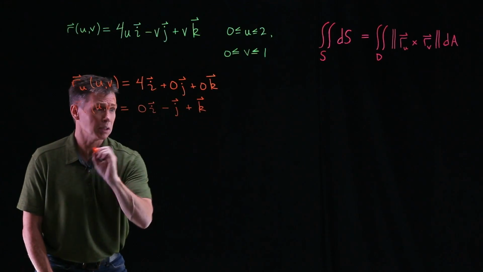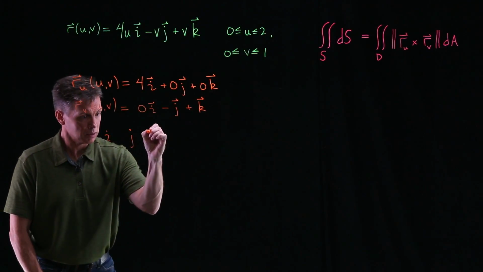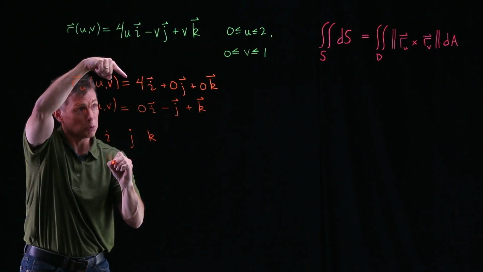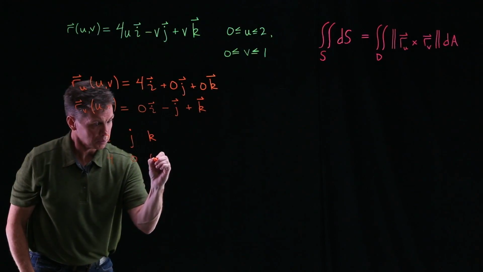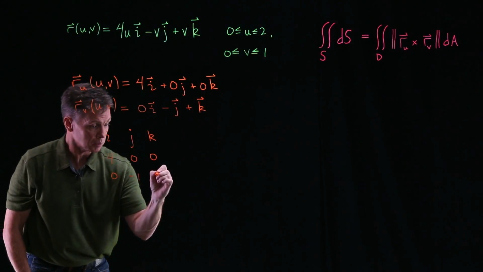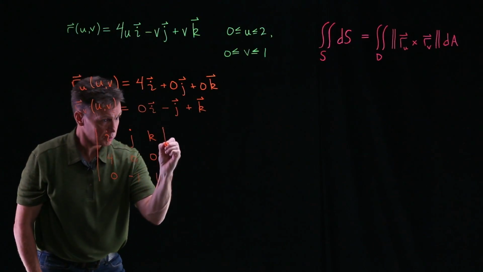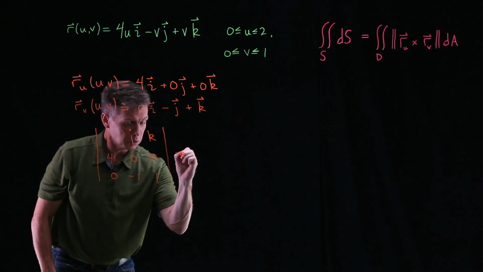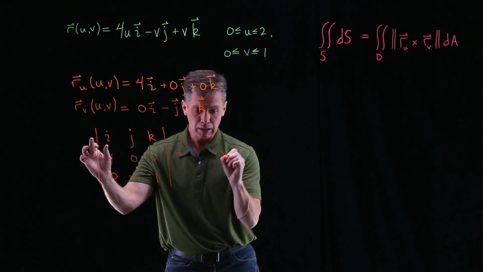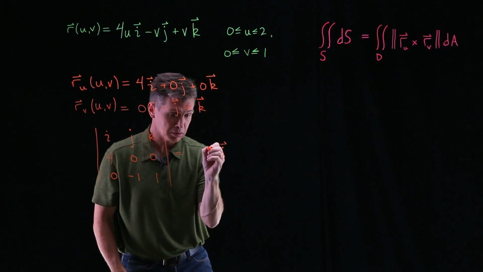So let me set up the cross product: i, j, k, and then the components here 4, 0, 0, across the bottom 0, minus 1, 1. I'm looking for the cofactor expansion of all this, so let's do a quick determinant calculation. My i component is going to have a crisscross here of 0 times 0, 0 minus 0.